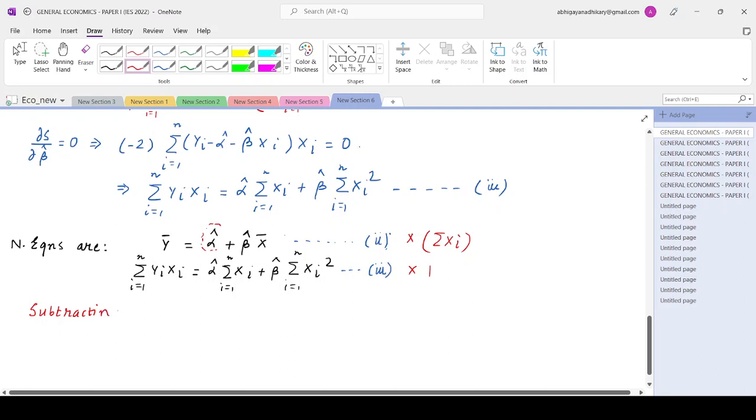So subtracting, what are we getting over here? That will be y bar multiplied by summation xi is equal to beta hat summation xi into x bar minus beta hat summation i running from 1 to n xi square.